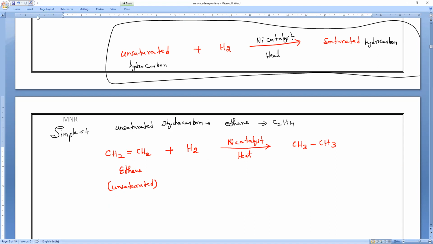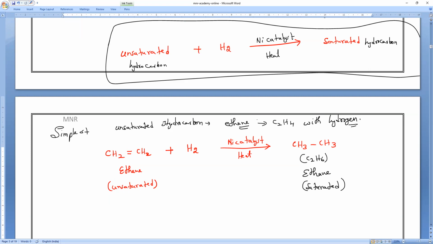C2H6, ethane. That is a saturated hydrocarbon. This is what we call an addition reaction. So this is one example of addition reaction, ethene with hydrogen.